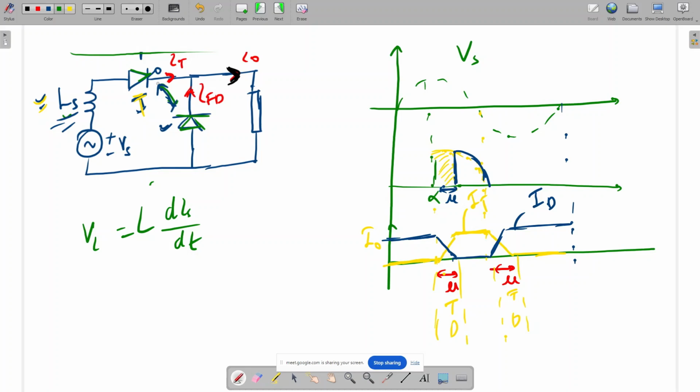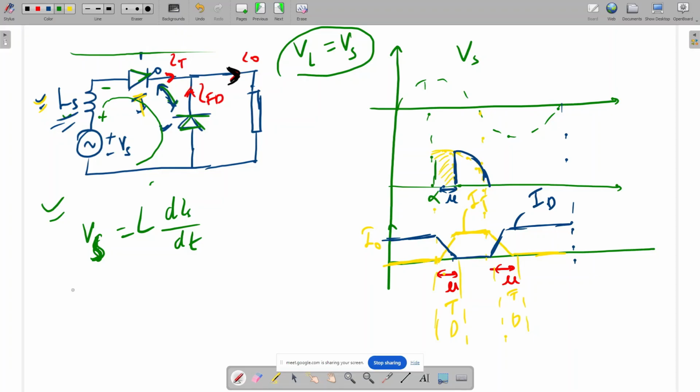If this is on and both are on, this will short. During the overlapping period, VL will be Vs, this is plus, this is minus. So VL will become Vs during the overlapping period since both are on. The source voltage will be Ls dis by dt.